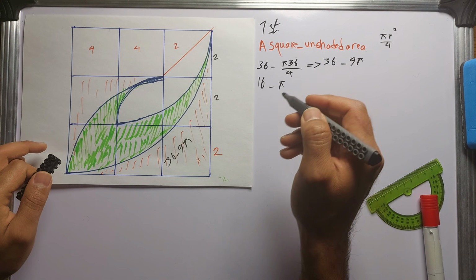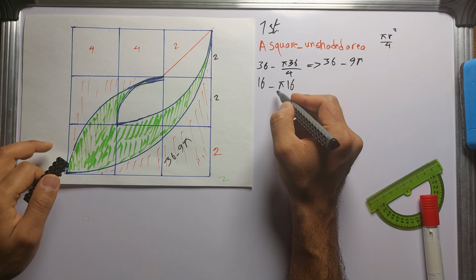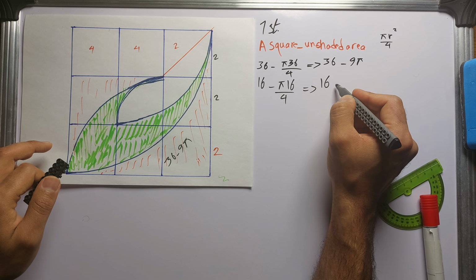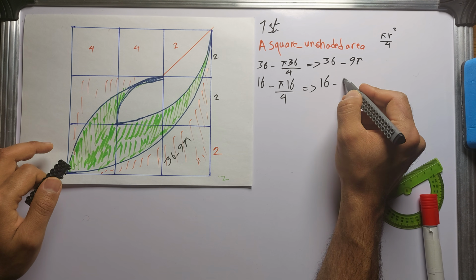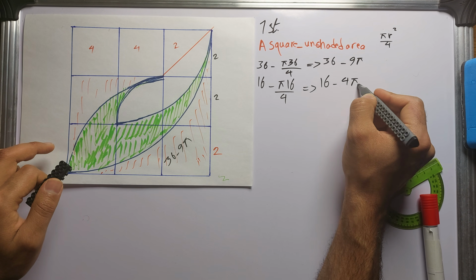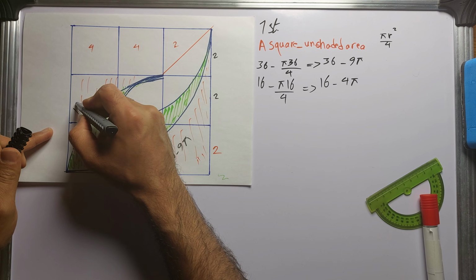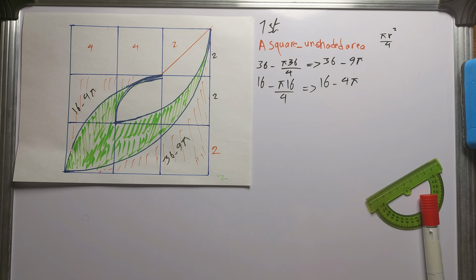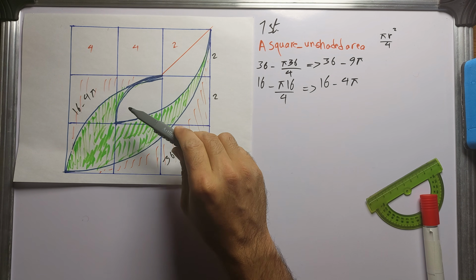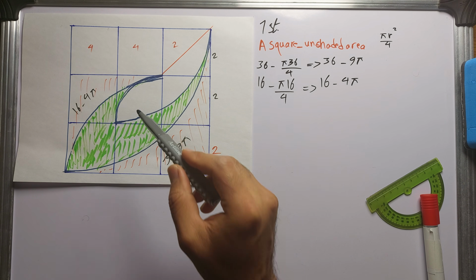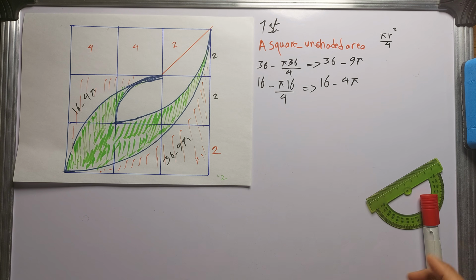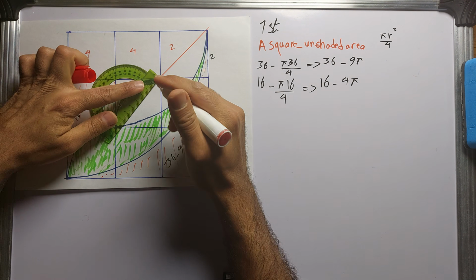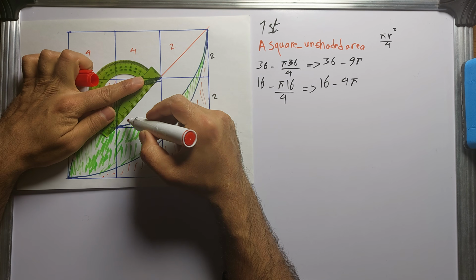So r in this case is 4, squared is 16, over 4. So it equals 16 minus 4 pi. Other steps include finding these areas as well. So let me extend this diagonal line a little bit here so that we know what we're going to solve and find here.